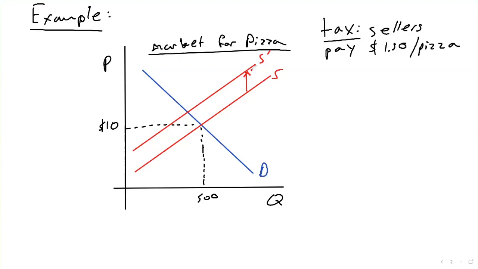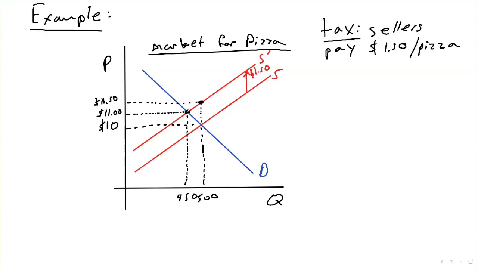So this distance here is $1.50, which means this value here represents $11.50. And just like before, we find the point where the demand curve intersects the shifted supply curve, which is here, and then take this over to the y-axis. So this amount here is what the buyer is going to pay. And this is actually going to be exactly the same as it was before. And this value will again be 450.